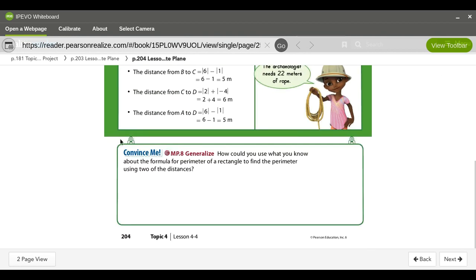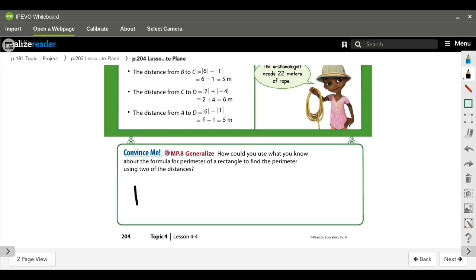Okay. So it says, how could you use what you know about the formula for perimeter of a rectangle to find the perimeter using 2 of the distances? We know the perimeter of a rectangle, we talked about this, equals 2L plus 2W. So I could just use 2 coordinates to figure it out.